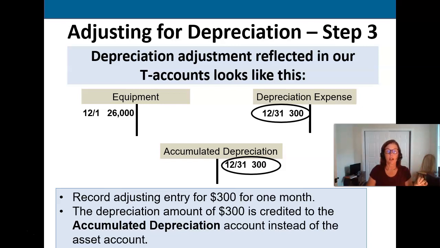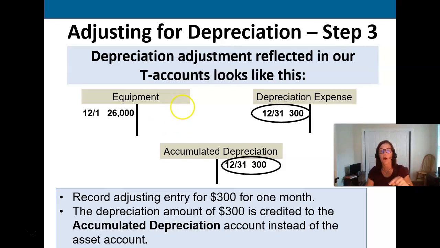Now, we are not going to record that directly to the equipment account. We are going to record that to what's called a contra account. So this accumulated depreciation for the equipment, that's going to pair with our equipment account and really offset the balance in the equipment account to get to what's called our book value of this particular asset.